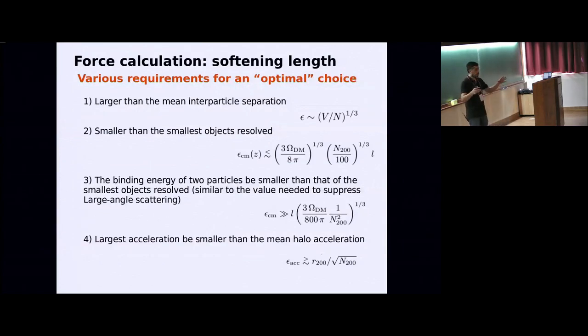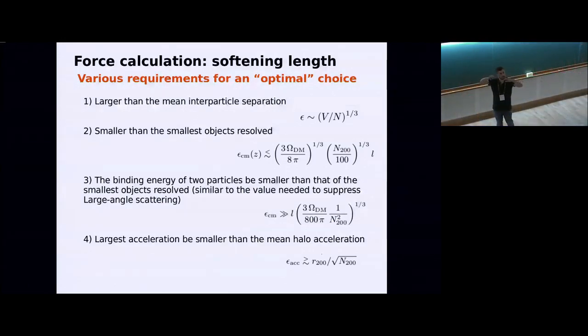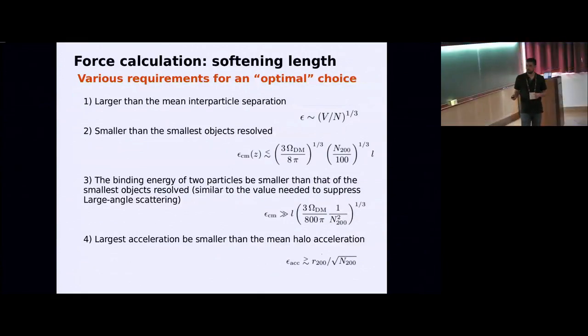But you would also have other conditions. For instance, now you have a discrete system. Imagine you have 100 particles, and you would like the binding energy between the two particles due to this gravitational softening to be less than the binding energy of the whole halo, the whole structure that you're in. That puts another limit that is actually not so different to this one.